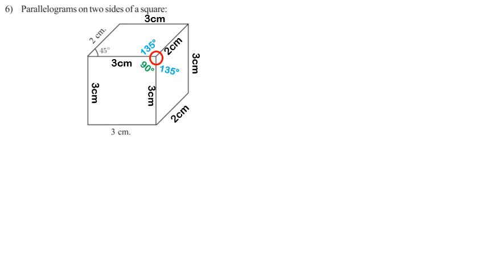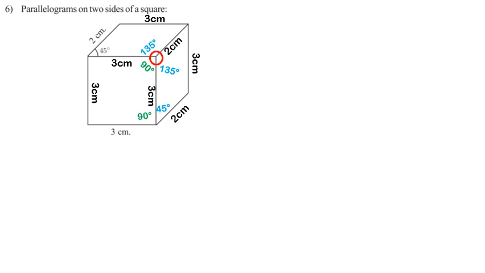And we know the sum of adjacent angles of a parallelogram is 180 degrees. So this angle is 180 minus 135, which is equal to 45 degrees. And all angles of a square are 90 degrees. Now we have all the required measures to draw this figure.